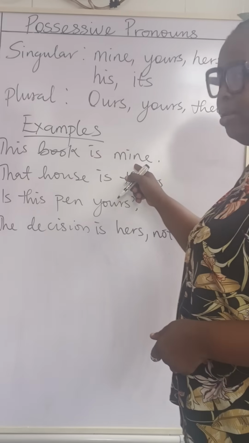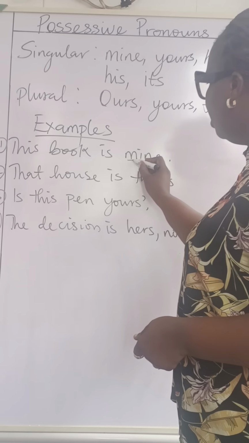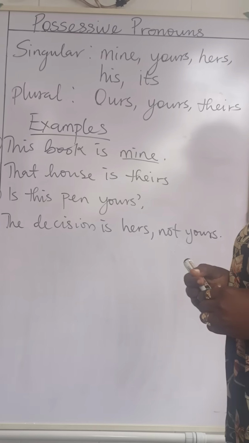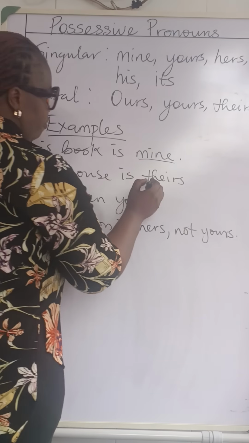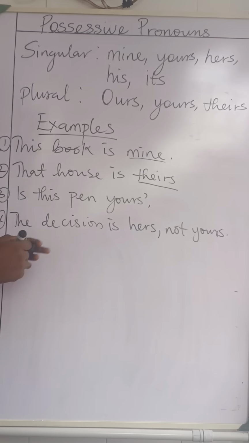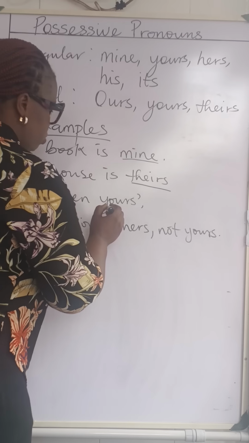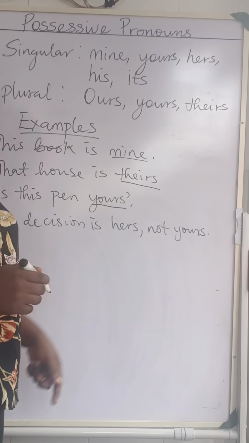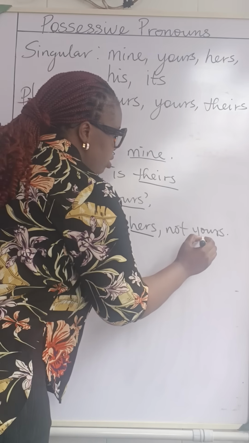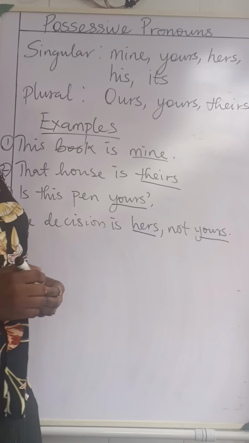Look at the mine here, and that is a possessive pronoun, so we underline it. That house is theirs. Possessive too, you underline. Is this pen yours? The decision is hers, not yours. These are what? Examples of possessive pronouns in sentences.